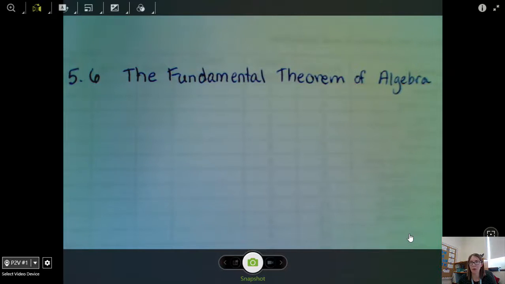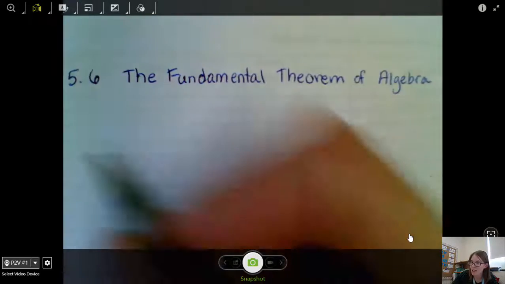So the fundamental theorem of algebra actually is something that we have been using most of this chapter. We've just never put a name to it. Here's what it says.